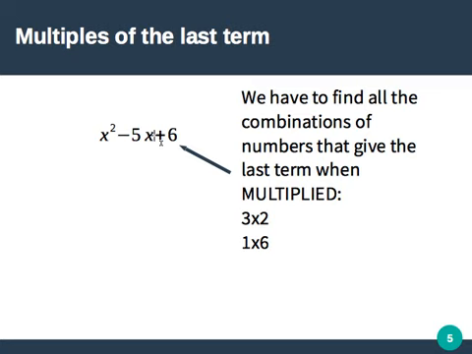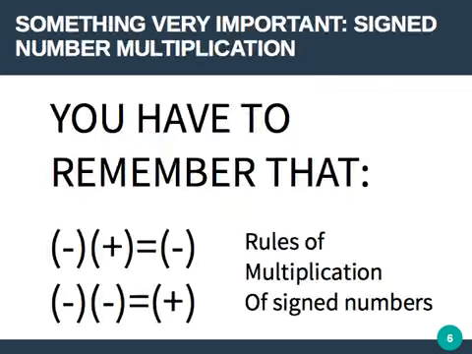Something else that you need to remember, something very important for this explanation, is signed number multiplication. What do you do when you have signed numbers? Different signs give you a negative. Same signs give you a positive.